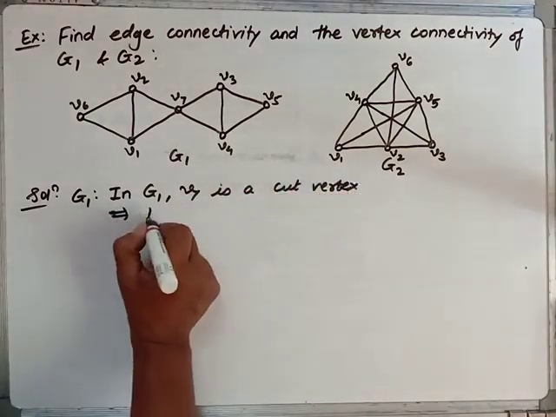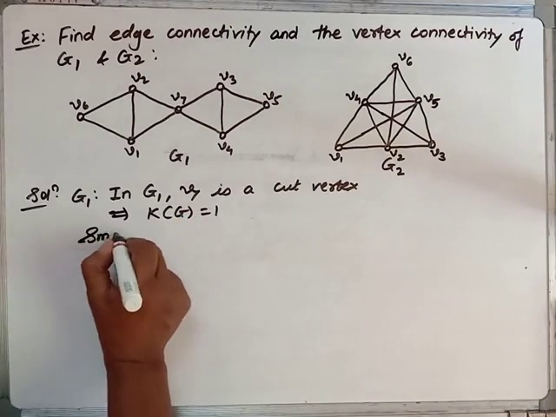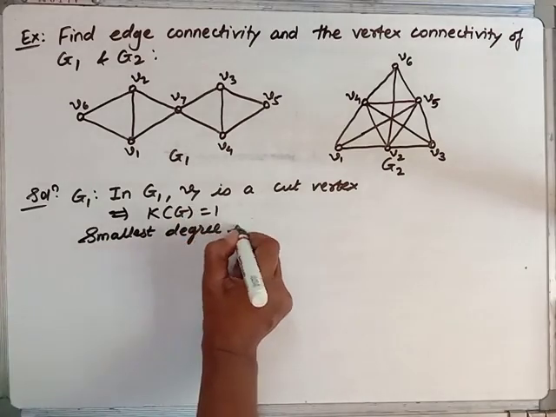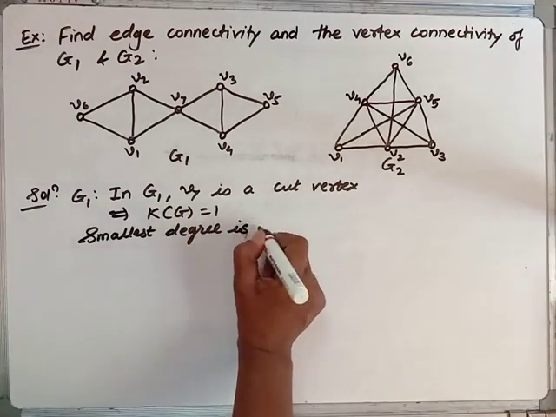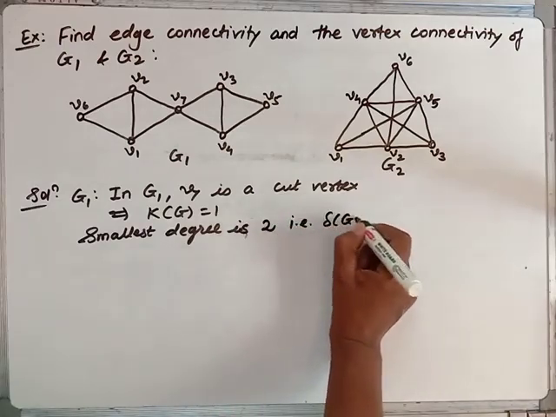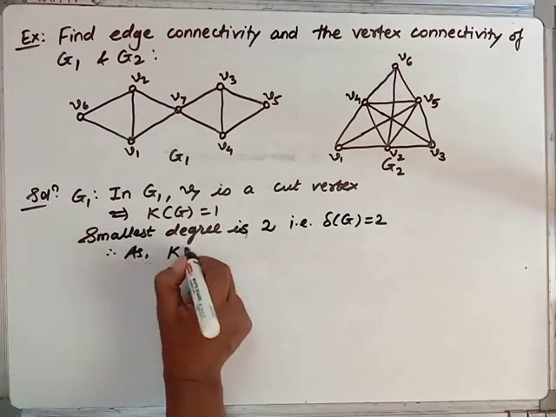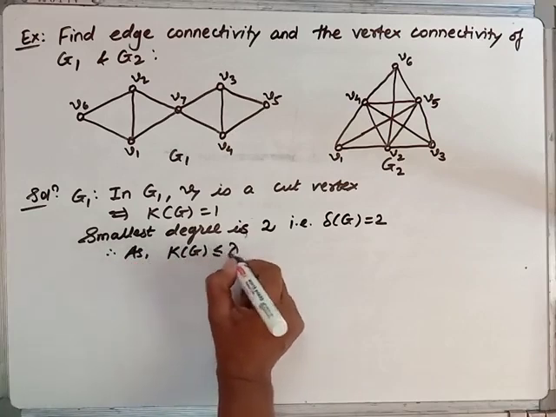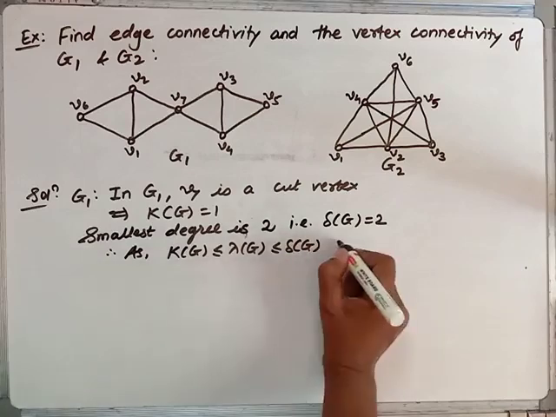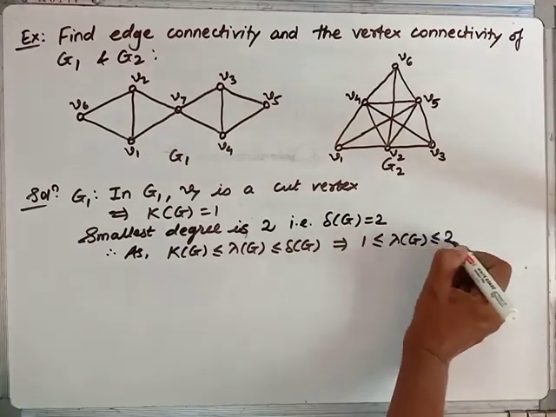So this gives K of G as 1. The smallest degree is 2, that is, delta G is 2. Therefore, as K of G is less than or equal to lambda of G, less than or equal to delta of G, this gives 1 less than or equal to lambda of G less than or equal to 2.